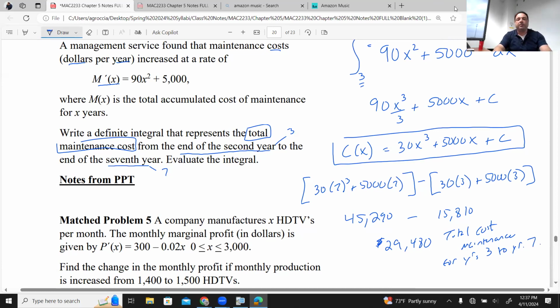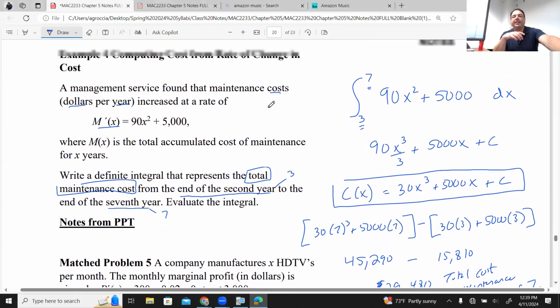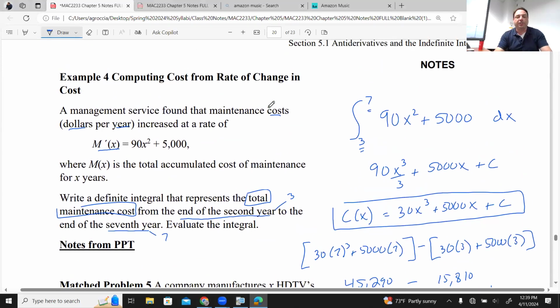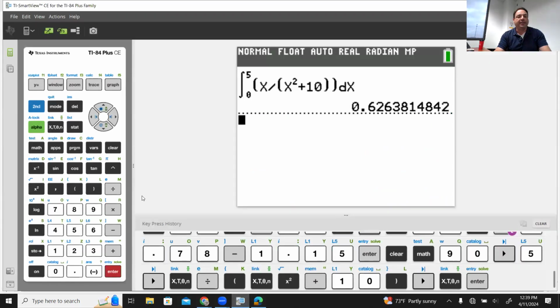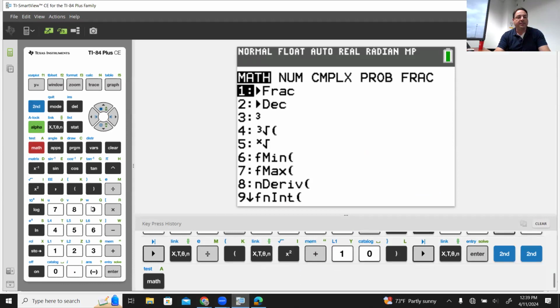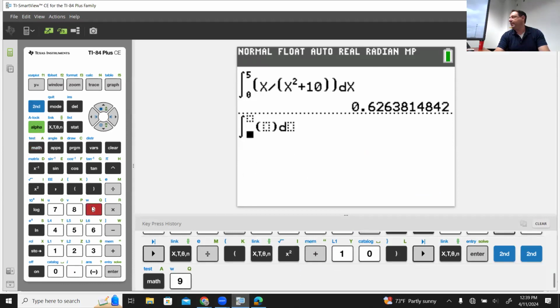Now, check it in the calculator. Make sure you get the same answer. And remember, when we check it in the calculator, it literally is the original. So we go to the calculator. Again, know how your calculator works. I'm going to hit math 9. This one looks like it is, so it's 3 to 7.